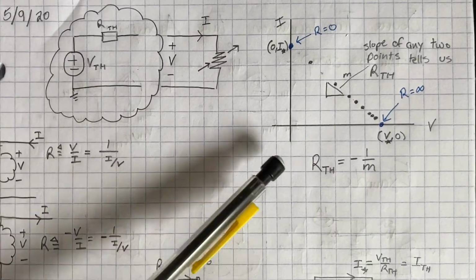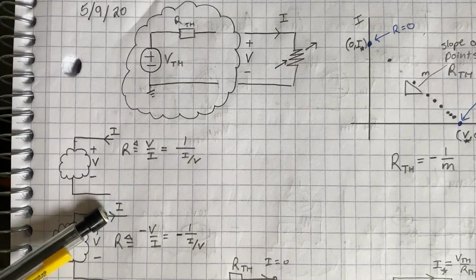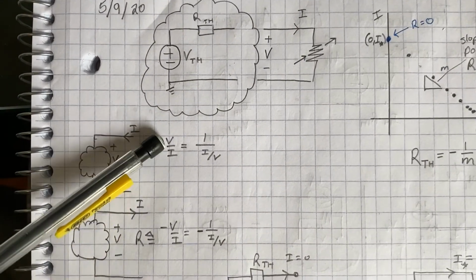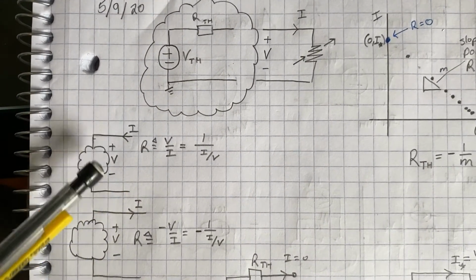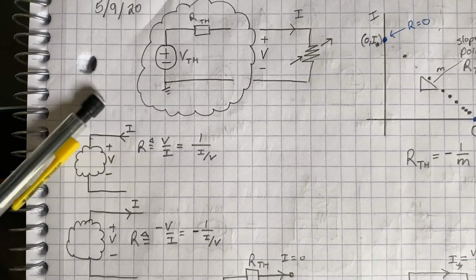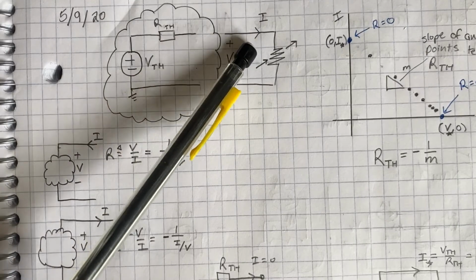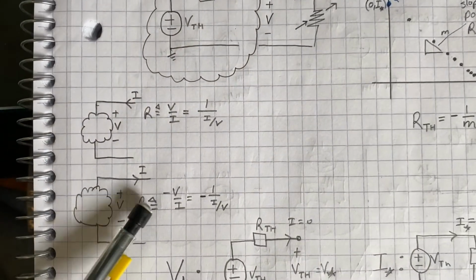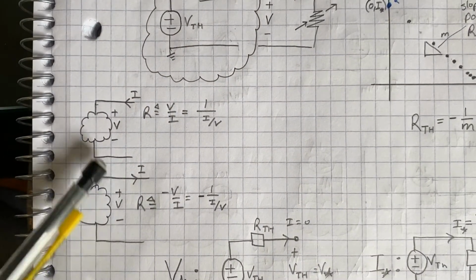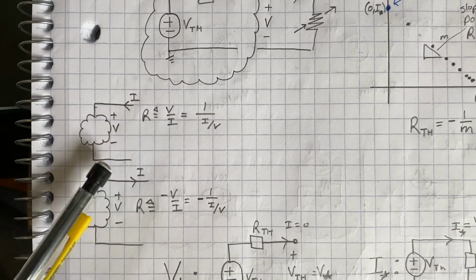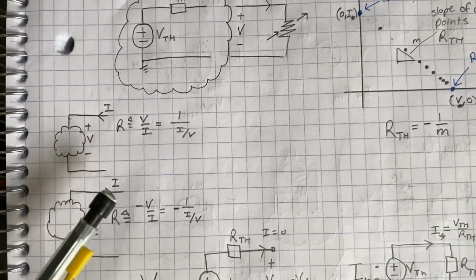And as before, we know that we're defining resistance as voltage across something over the current entering it. So here, when we're defining current like this, it's the opposite of that. So it's voltage across divided by the negative of the current leaving.